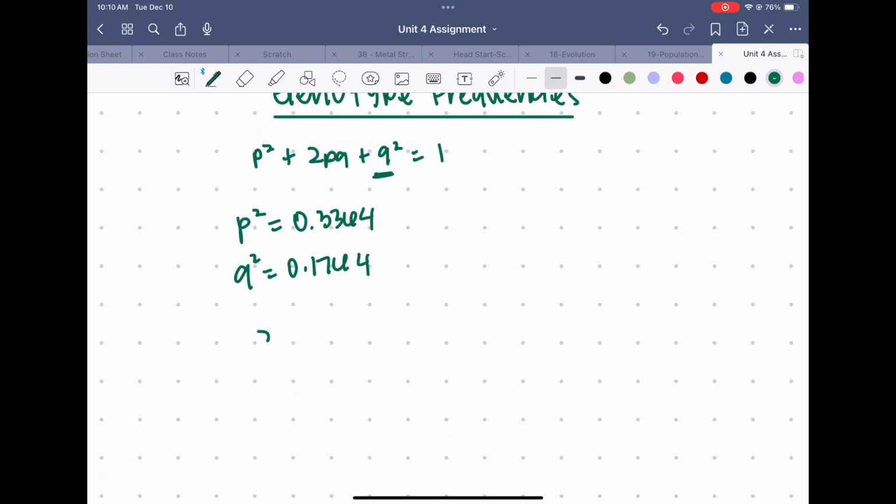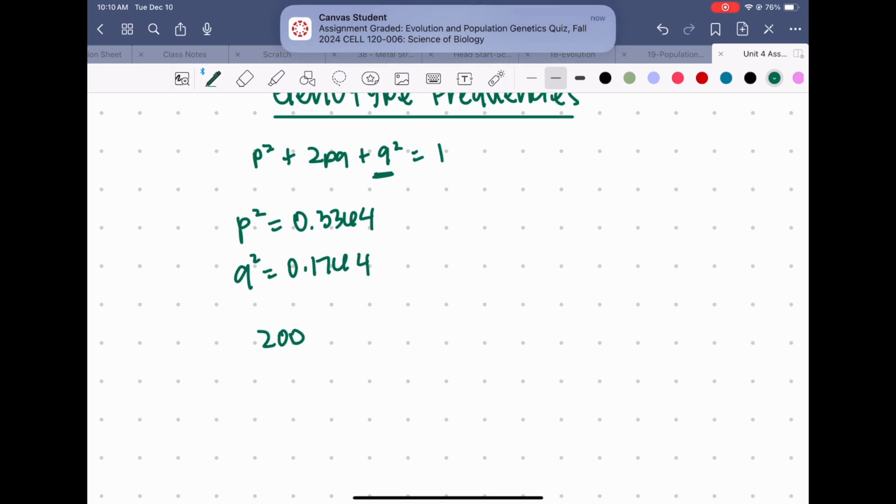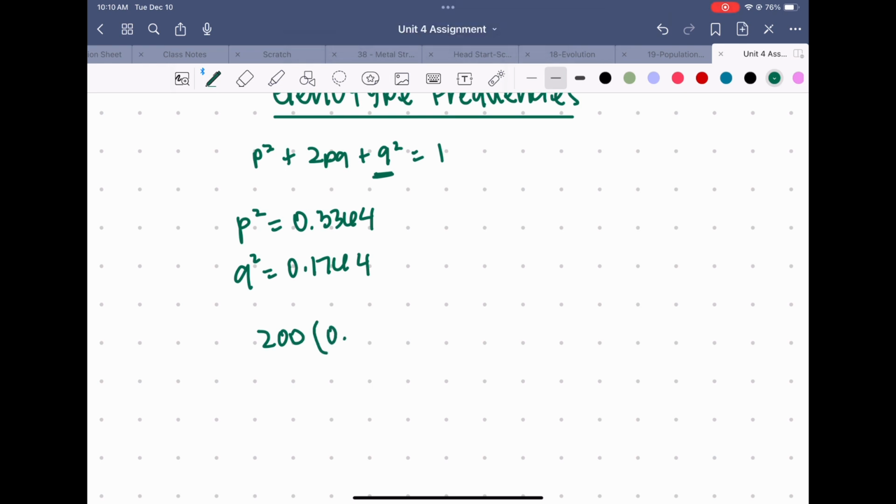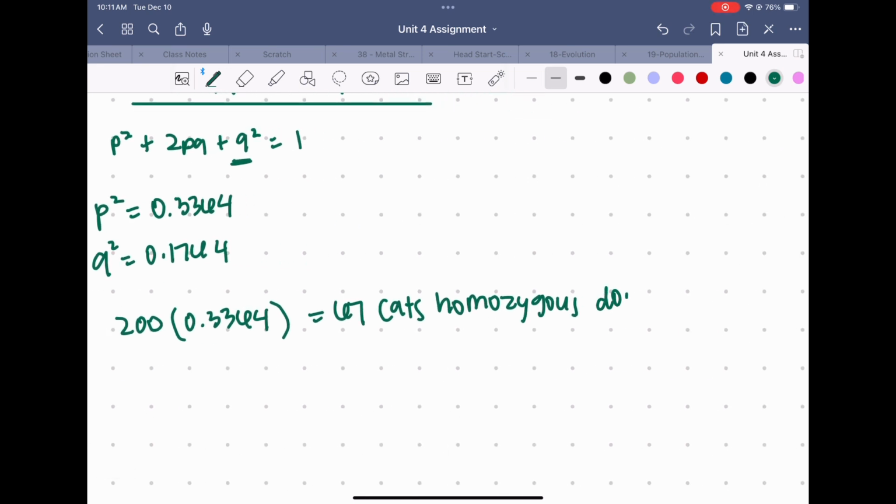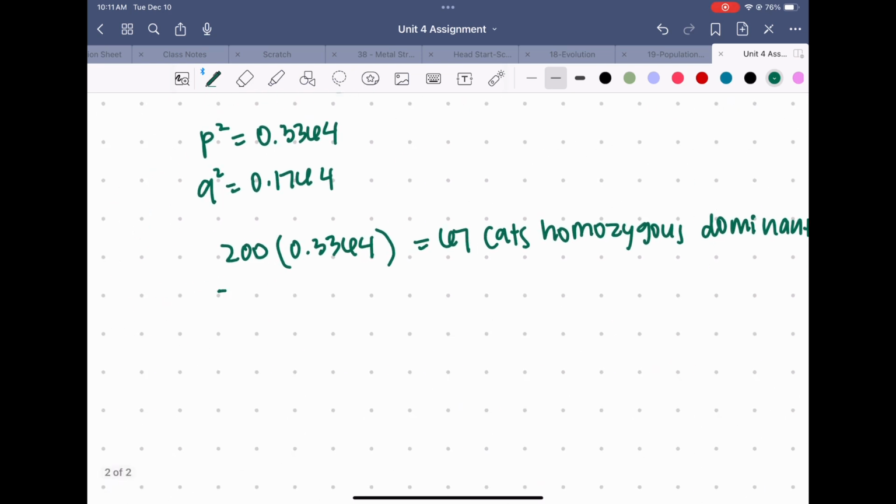So we have 200 cats total. We multiply that by 0.3364. And that means we're going to have 67 cats that are homozygous dominant. So big A, big A.